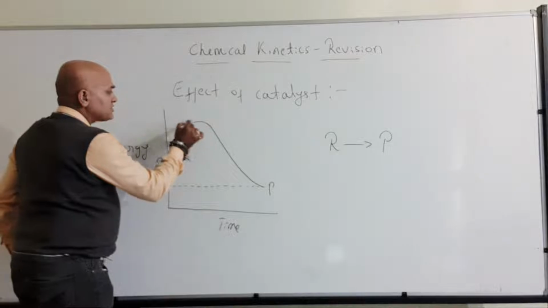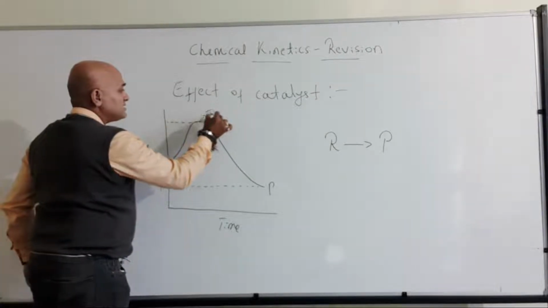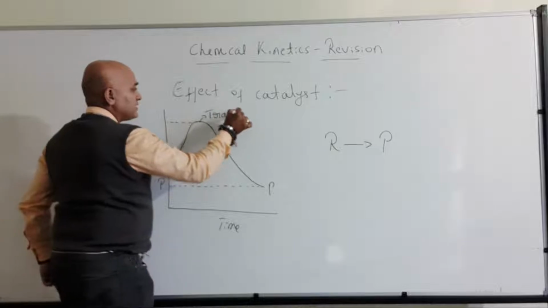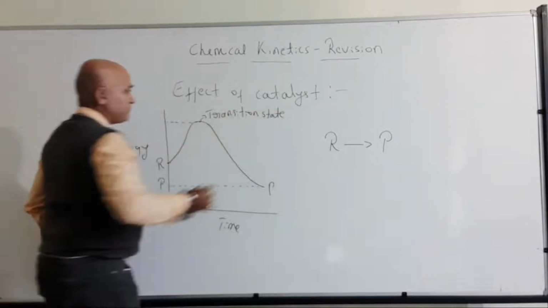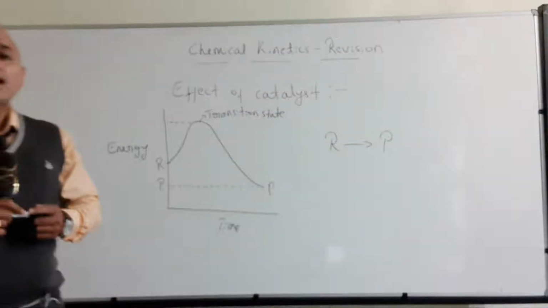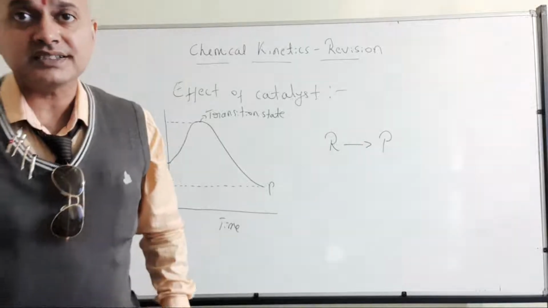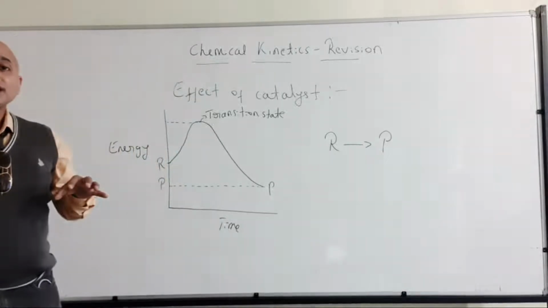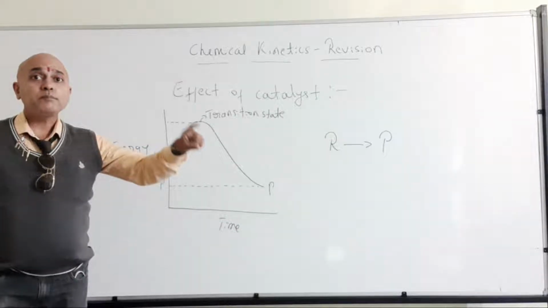Now what about this one, sir? This is nothing but the transition state. If you go back to organic chemistry, just now, 5 minutes back, I discussed the transition state with respect to conversion of methyl chloride to methanol.